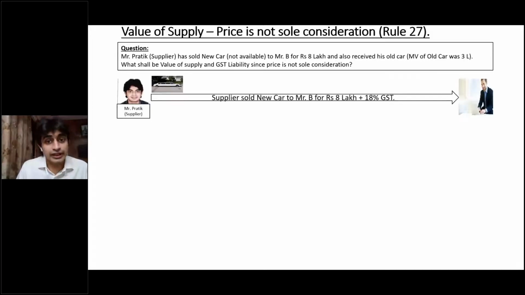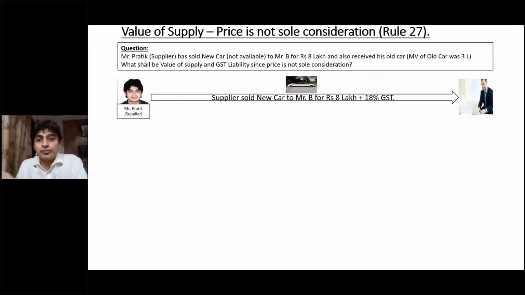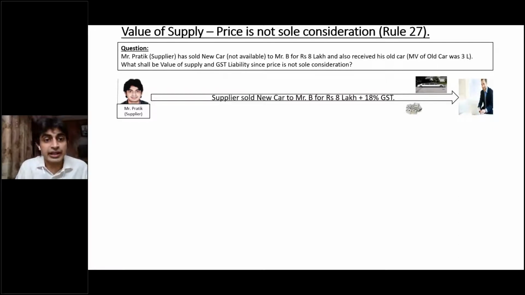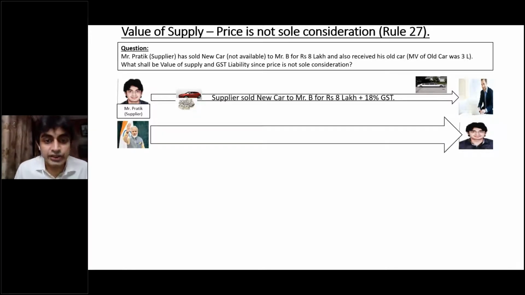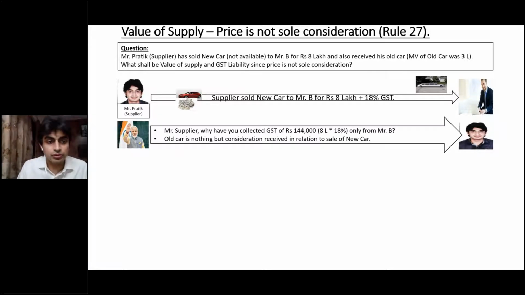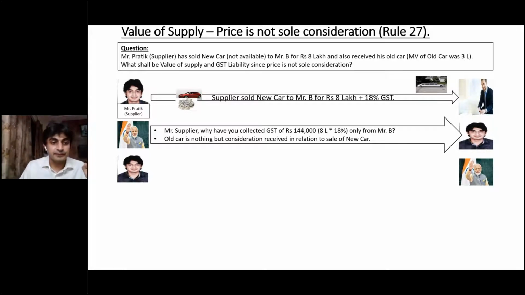See this. Again, I sold a new car to Mr. B. Against this, I received 8 lakh rupees cash and I received old car. Okay, now GST, on what amount I should charge? Again, government came and questioned me that why you collected GST of only 1,44,000. Old car ये भी तो आपको consideration ही मिला है. But I'm carefully saying, see this.